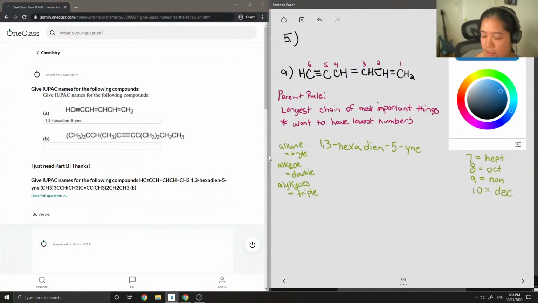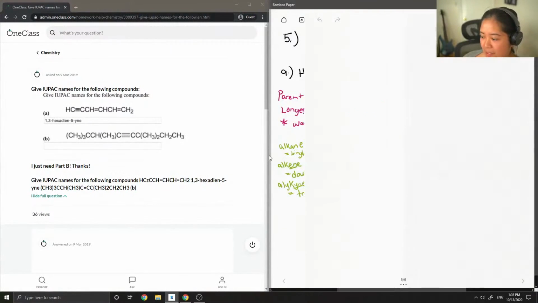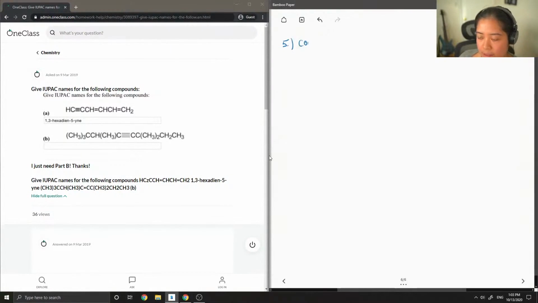with this long structure here. Just gonna start a new page. It's pretty big. So this is also question 5, continued. You have a carbon that has these methyl groups sticking out.